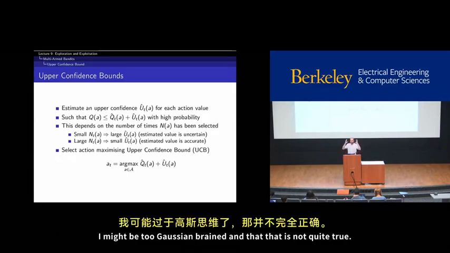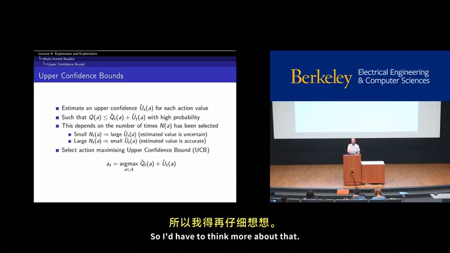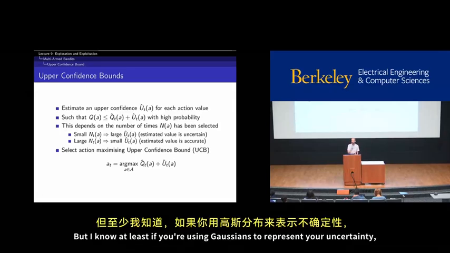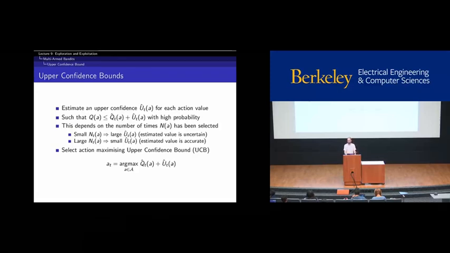I might be too Gaussian-brained, and that is not quite true if you have belief distributions that aren't Gaussians. I'd have to think more about that, but I know at least if you're using Gaussians to represent your uncertainty, then it just depends on the number of times you've taken the action.